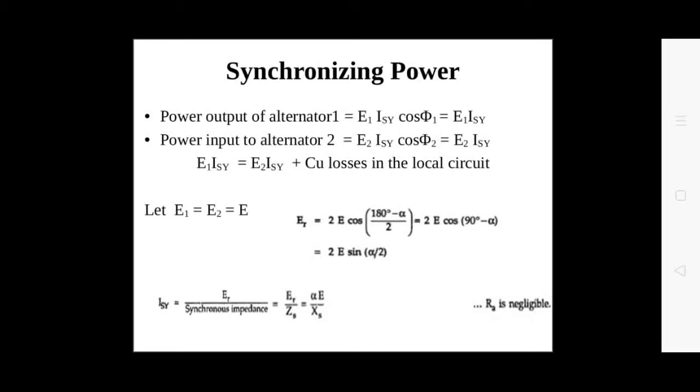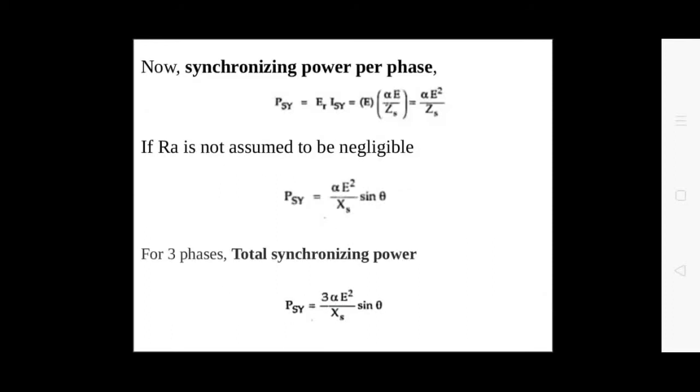But alpha is small, therefore sin alpha by 2 is equal to alpha by 2. Therefore, the resultant voltage ER we can write as 2E into alpha by 2, which is equal to alpha into E. Therefore, the synchronizing current ISY equal to ER by ZS, which will be equal to alpha E by XS, when RA is negligible.